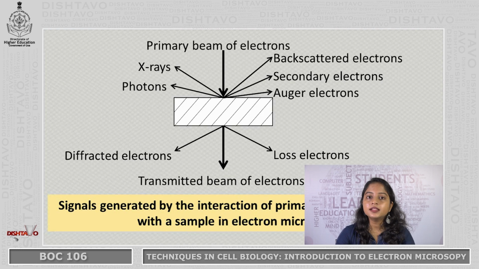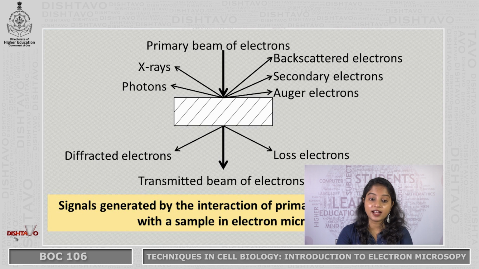Now, these are the signals generated by the interaction of the primary beam of electrons with a sample in electron microscopy. We have the primary beam of electrons, and when it passes through the sample, you get the transmitted beam of electrons. Now, these transmitted beam of electrons are used in transmission electron microscopy.